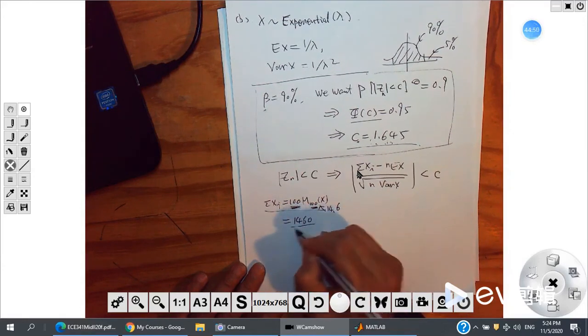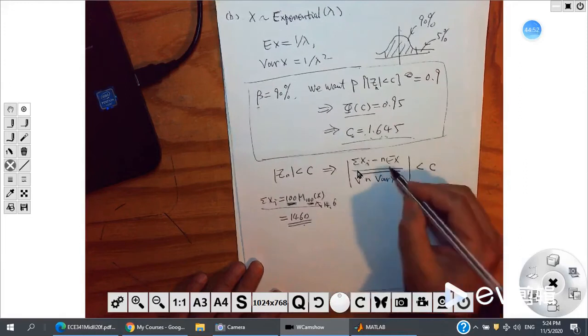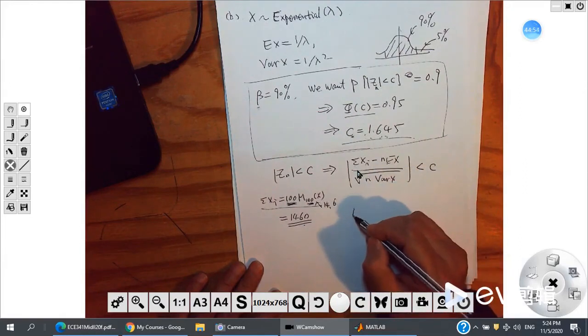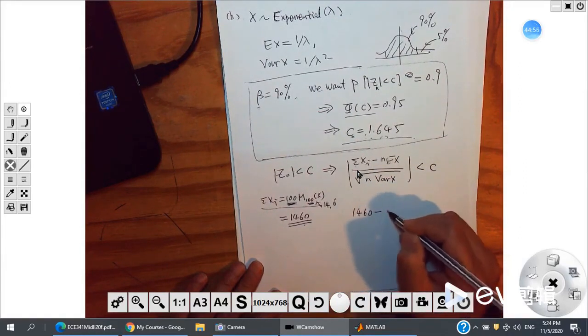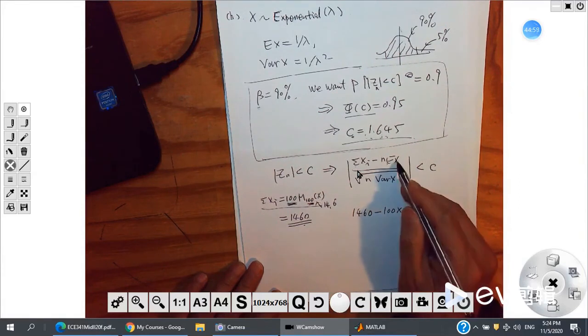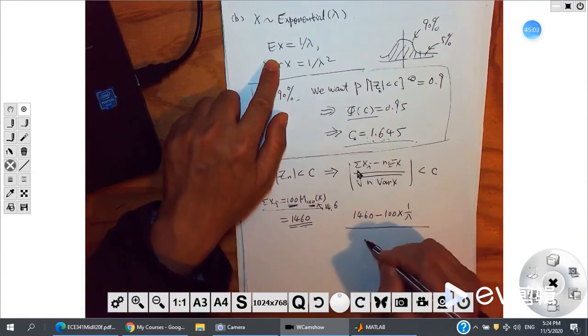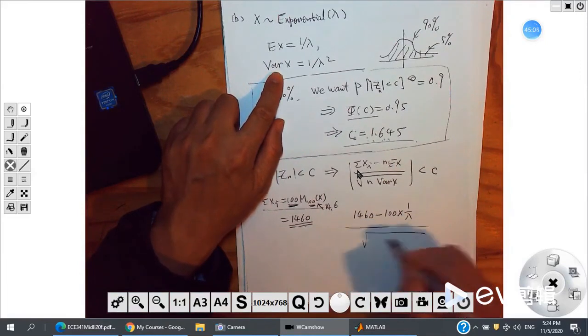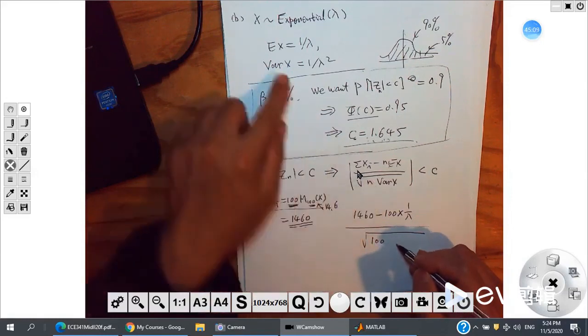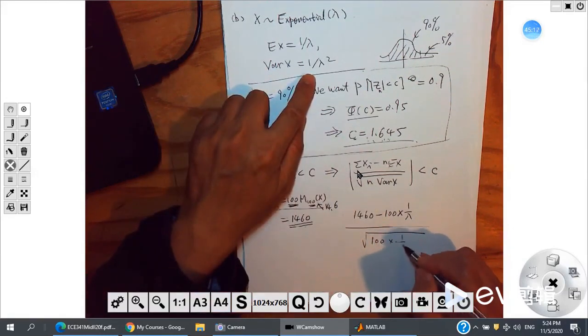Still this one, right? But this is different. So we have 1460 minus n, which is 100, times EX. EX is 1 over lambda. And under the square root, n is 100 and the variance is 1 over lambda squared.